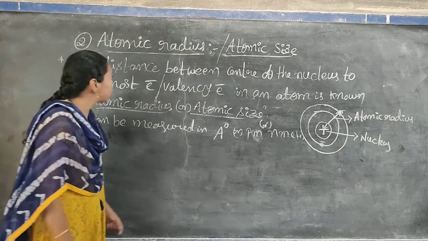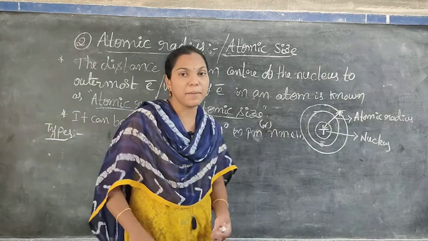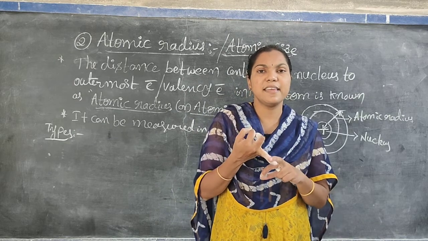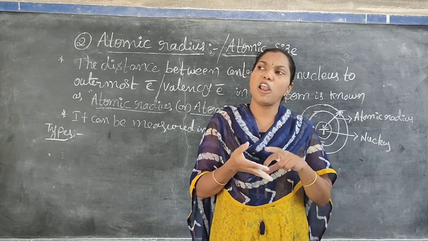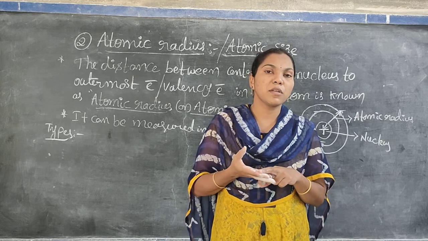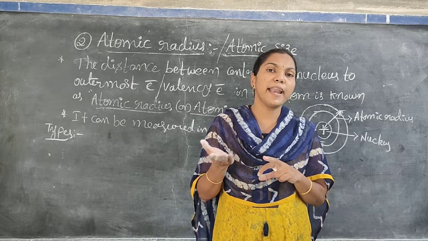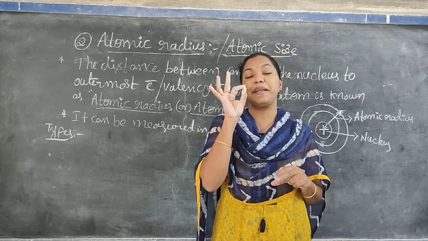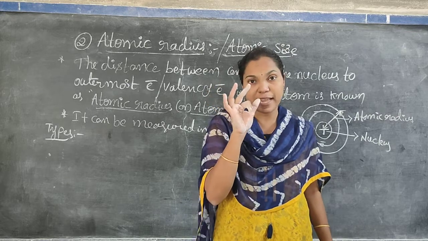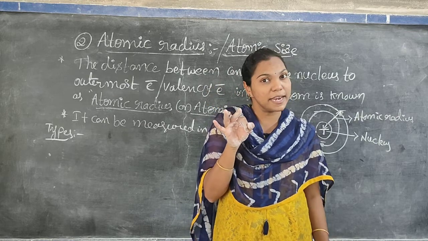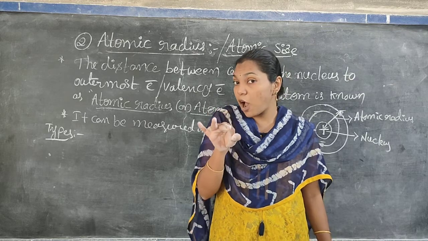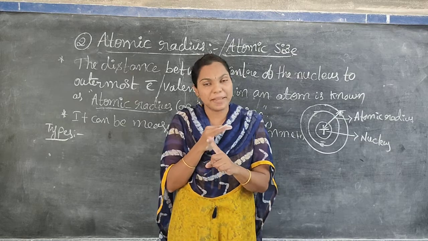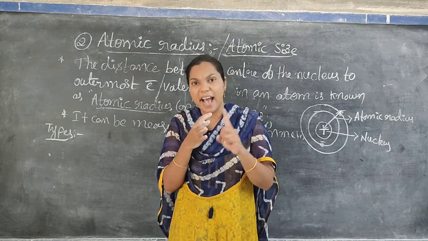Atomic radius types include metallic radius, covalent radius, ionic radius, non-metallic radius, and non-bonded atomic radius. But for the last two we have not mentioned definitions exactly. That is why we are going to discuss the metallic radius, covalent radius, and ionic radius.